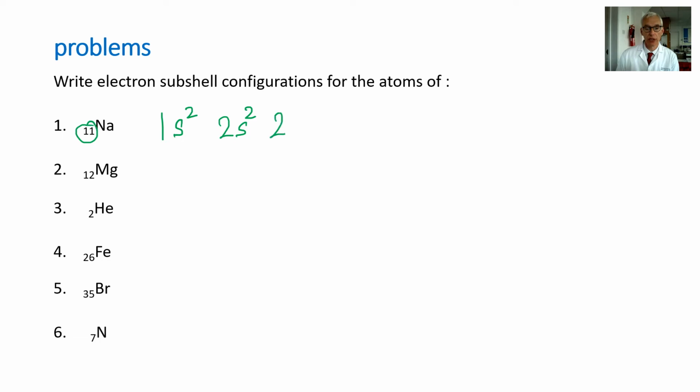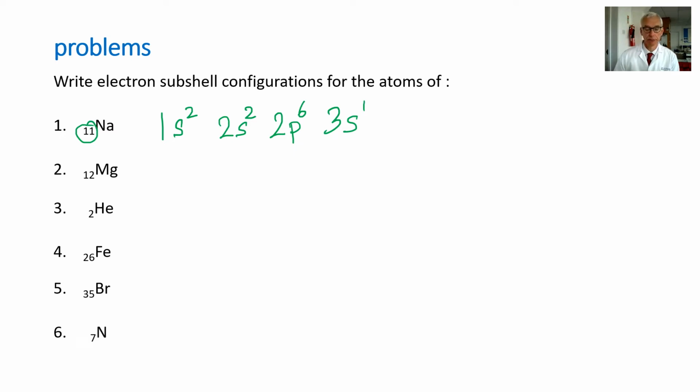The next lowest energy subshell is 2p, which has a capacity of 6. I've got 1 electron left to place into a subshell. The next lowest energy subshell is 3s, where I've placed that 1 electron. So there we have the electron subshell configuration for sodium.